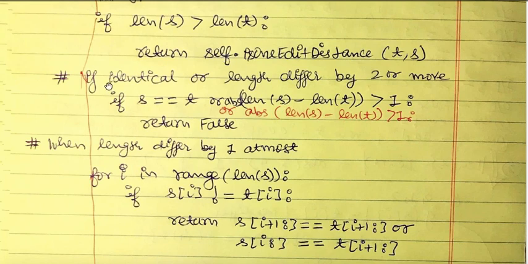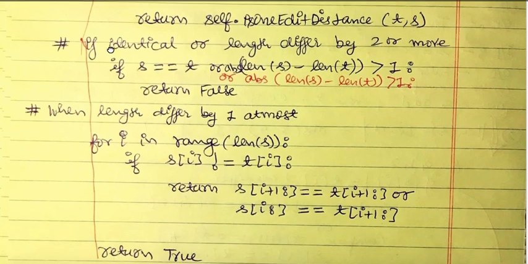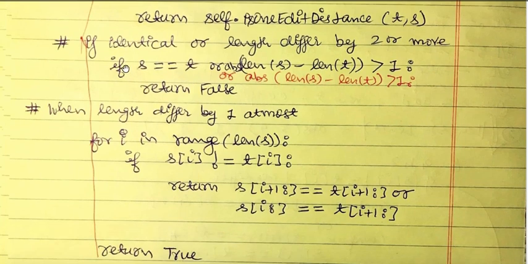Next we check if they are identical. If both are identical, then there is no distance for sure, or if their length difference is 2 or larger, then they won't be one edit distance, because we are interested in just one edit distance here. So if S equals T, it means it is identical, or the absolute value of the length of S minus the length of T is greater than 1.